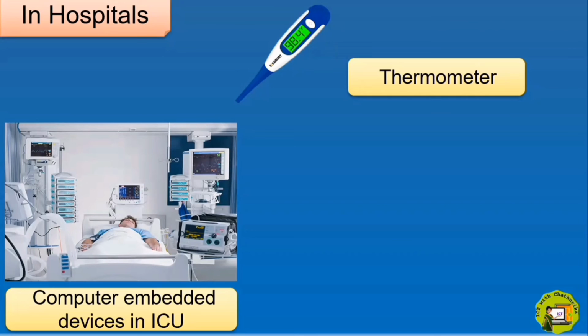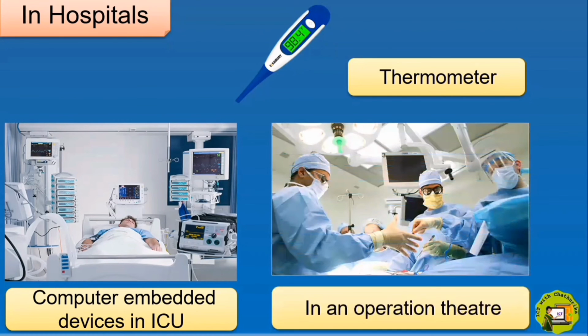So the computer can help process these data and display information in easy to understand formats. So it is also used in an operation theatre. For an example, HELP system. It is complete knowledge-based hospital information system.